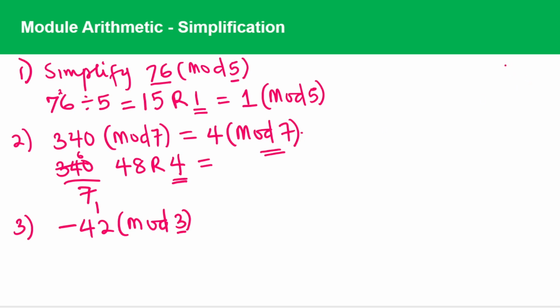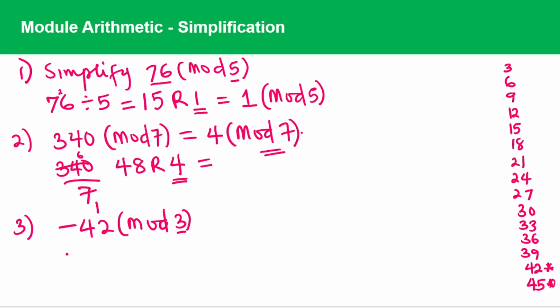Multiples of 3 are 3, 6, 9, 12, 15, 18, 21, 24, 27, 30, 33, 36, 39, 42, and then 45. I can actually use 42, but let's use 45.